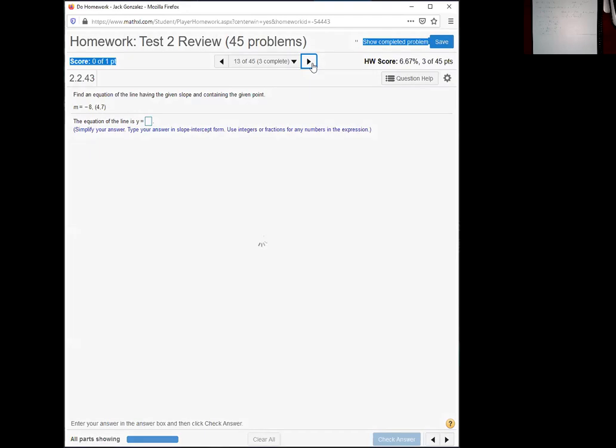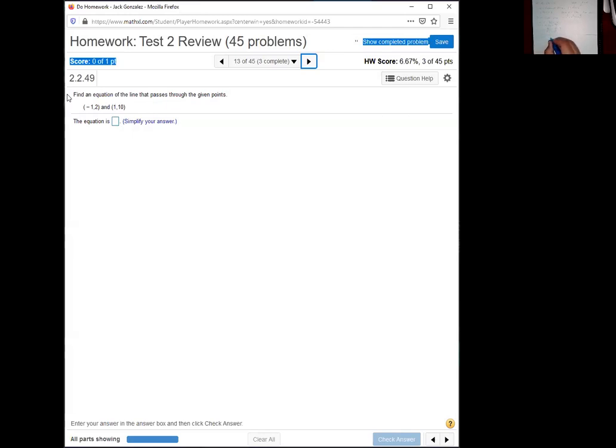Same deal on 12. This one, they give us 2 points instead of the slope. So it's going to be similar, but you first have to find the slope. And once you find it, you will then solve for b. Or you can use this formula here and find it all at once. So let's go ahead and do number 13.